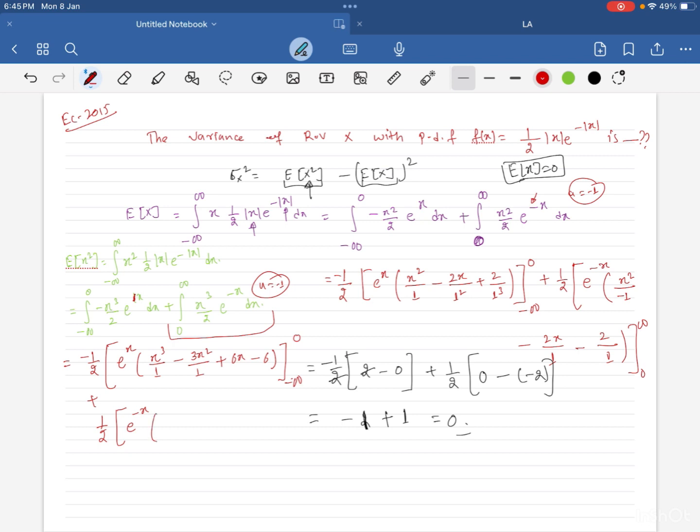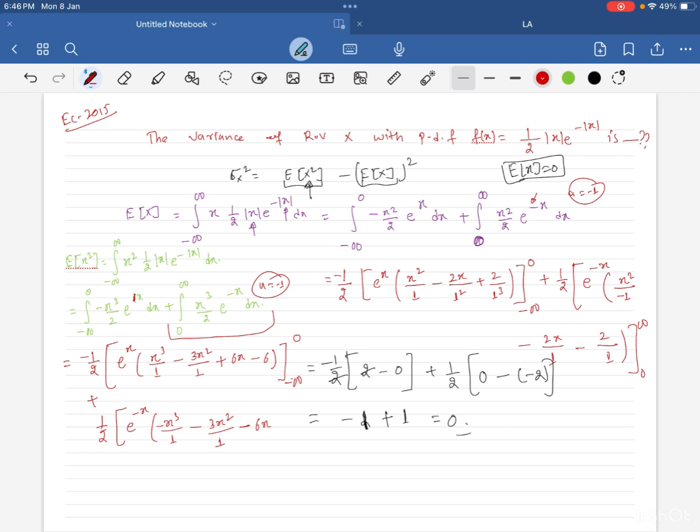Now here what we are going to get is x cube divided by minus 1, and minus 3x square divided by a square, then a cube, so minus 6x, and again this term will be of a square, a cube, so that is why we get minus.